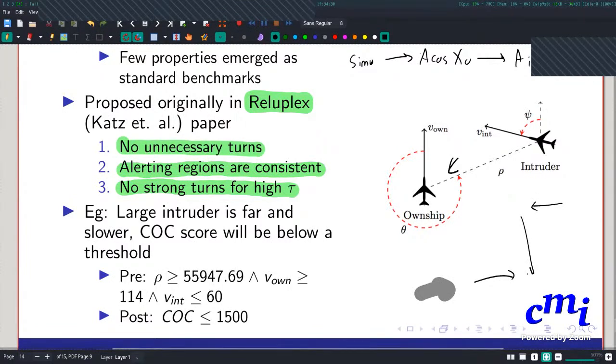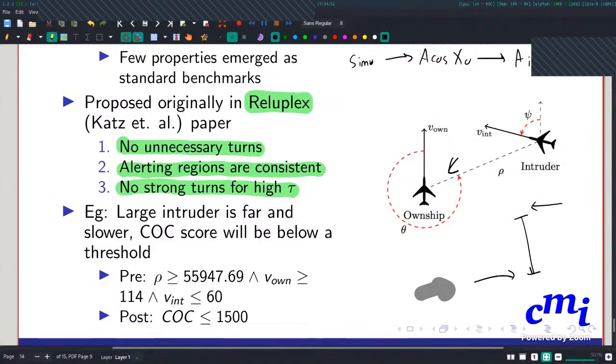And there is a lot of vertical separation between them, and this vertical separation is not reducing very fast. So you'll probably not collide immediately. So it makes sense that the turn that you would want is not going to be very strong, right? So these sort of properties were talked about in the paper, and they have given a list of 10 properties, and these 10 properties have become sort of standard.